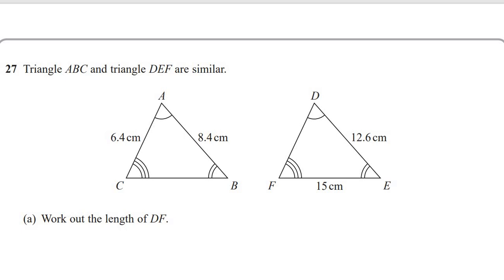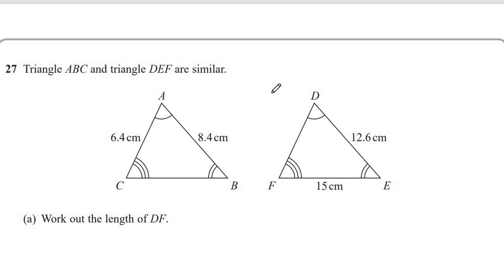Okay, so here next we have 2 similar triangles. Now we know that the corresponding sides of similar triangles will have the same scale factor. So let's try and figure out the scale factor here.